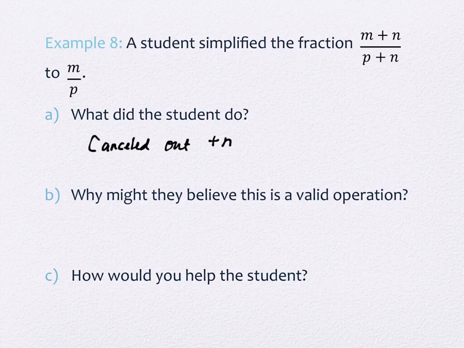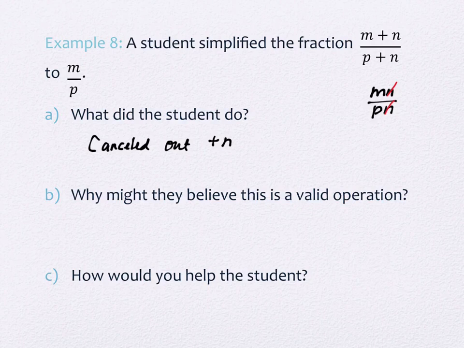Because it was multiplied. When we saw it earlier in this lesson and we were able to mark out the n's or whatever the letters were at that time, it was a multiplication fact. This one's not multiplication, it's addition, right? So if this had said, for example, mn over pn, we do this all the time. And so they've translated something that they know to be true with multiplication into a fact about addition that doesn't hold, right? But there's a reason for what they did. It wasn't just arbitrary.